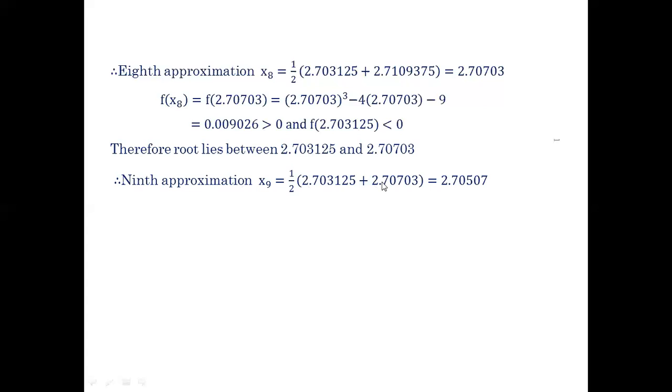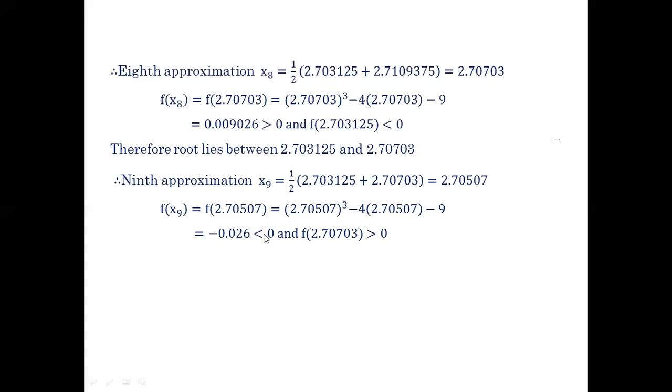Therefore, the ninth approximation, x9 is equal to 1 by 2 into (2.70325 plus 2.70703), which is equal to 2.70507. After this, we have to correct to 4 decimal places, therefore continue. f of x9, where x9 is 2.70507, is 2.70507 whole cube minus 4 into 2.70507 minus 9.